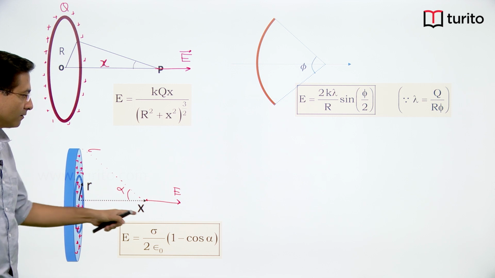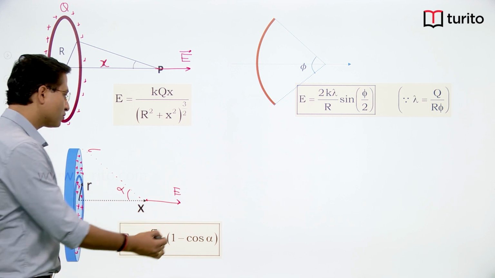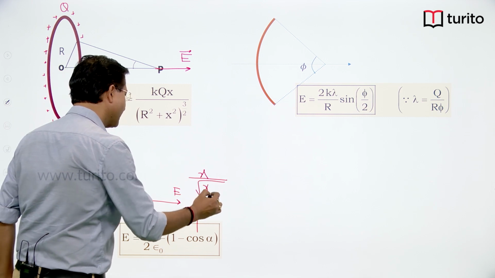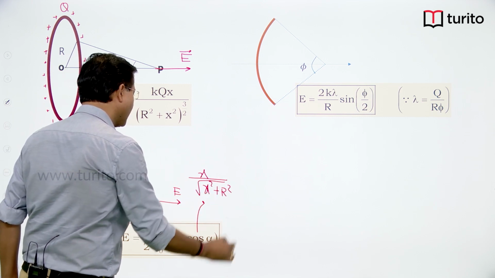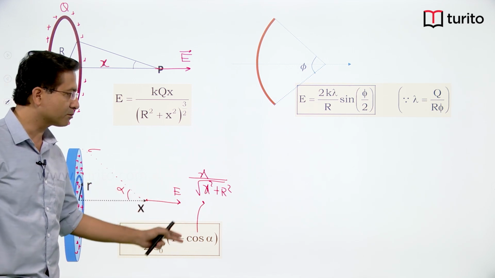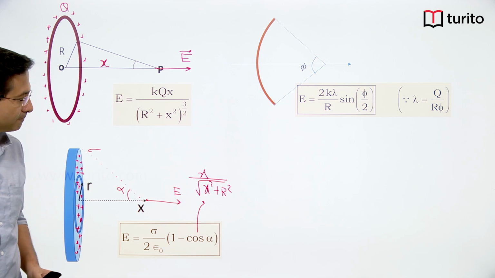This can also be written as x divided by under root x square plus r square. It is easy to remember this way, which is why I have converted the whole expression into this format.